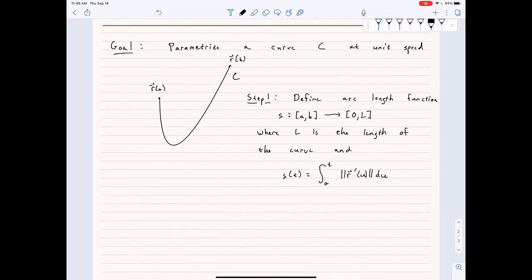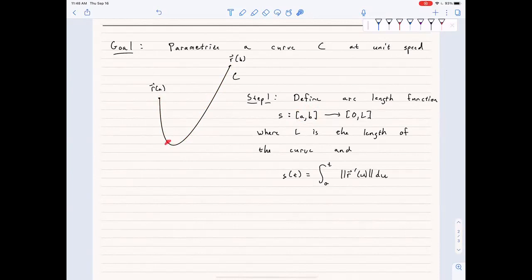So what is this telling me? Think of [a, b] as the time on your watch. You start your journey along the curve at time a, you move along, and you end your journey at time b. Now, if you look at your watch at any point in time, say time t, you're, say, here.